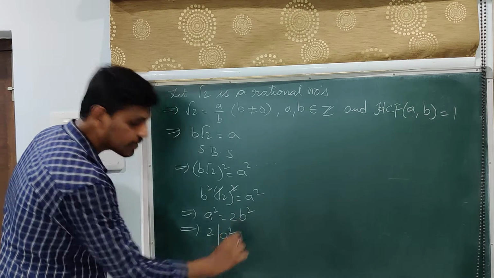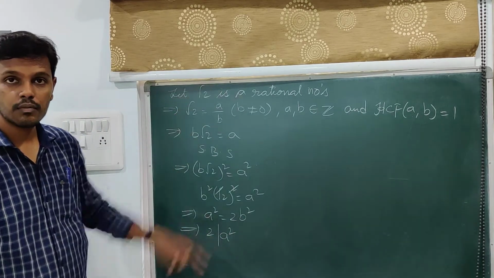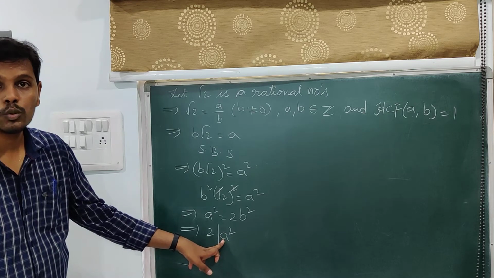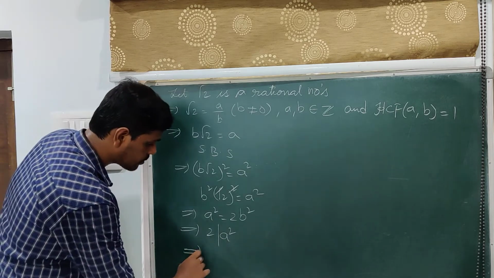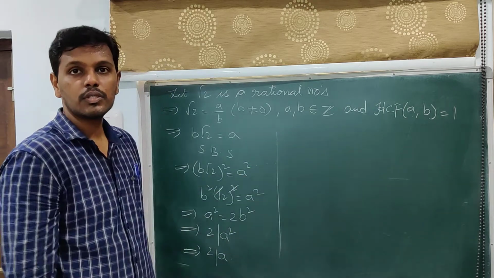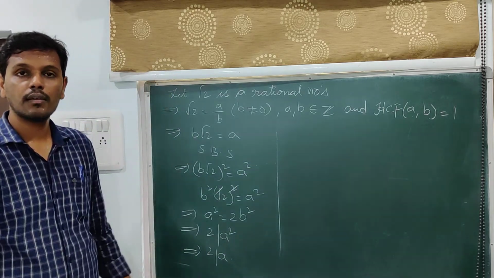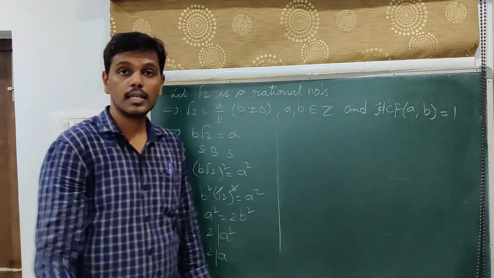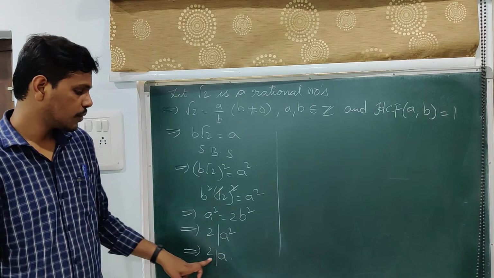2 divides a square. Now, as per the previous theorem which we have concluded, if 2 divides a square, I can say that 2 divides a. So that implies 2 divides a. Now again I will be using the definition of divisibility. That is, whenever you can say that a number divides another number, there exists an integer such that the number is the product of these two.